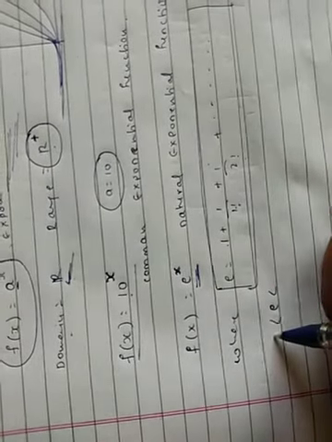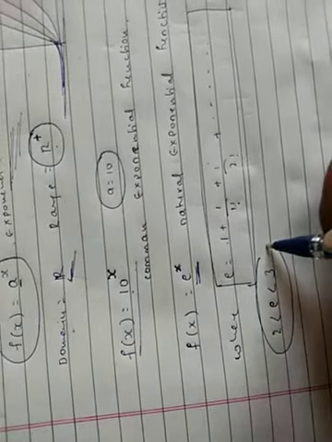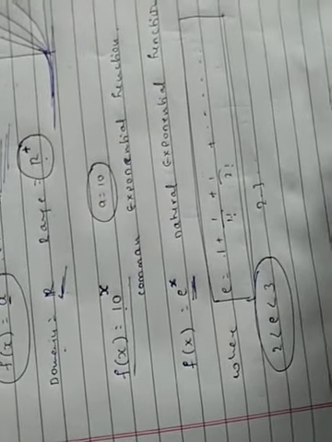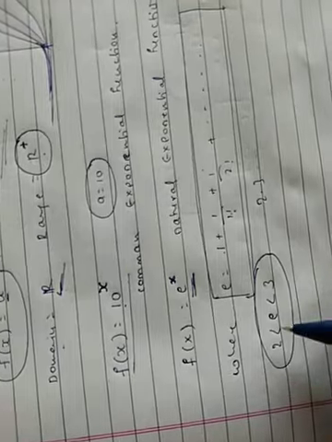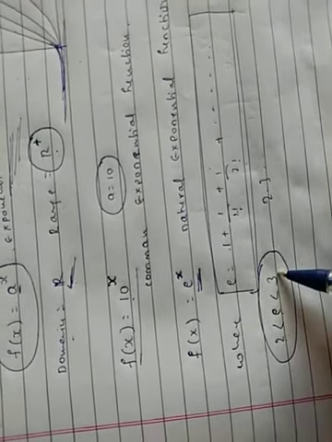The value of e always lies between 2 and 3, approximately 2.7 something. So pause the video to note it down.